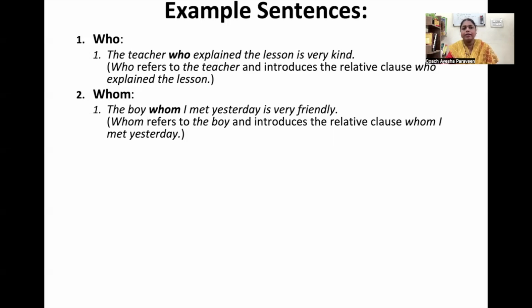I met yesterday is very friendly is not giving complete sense. Now this whom is used to connect with the main clause, that is the boy, the noun. We are connecting with the noun or pronoun to get a complete sentence, and we are getting additional information about the boy. The boy whom I met yesterday is very friendly.